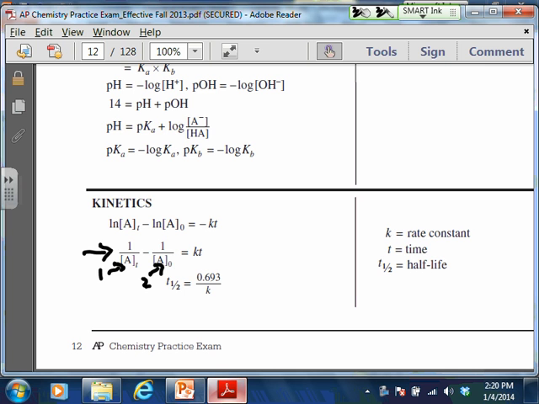Let's be a little more careful here and write it more generally than that.